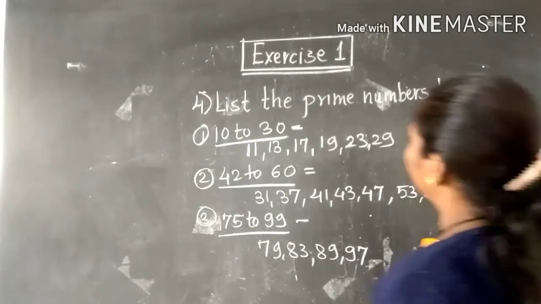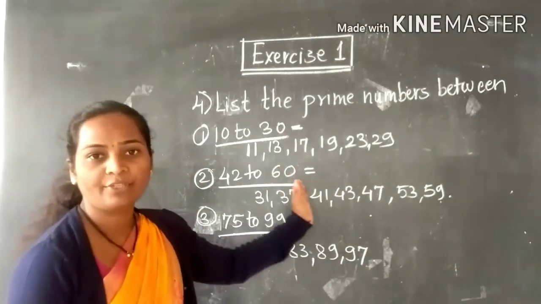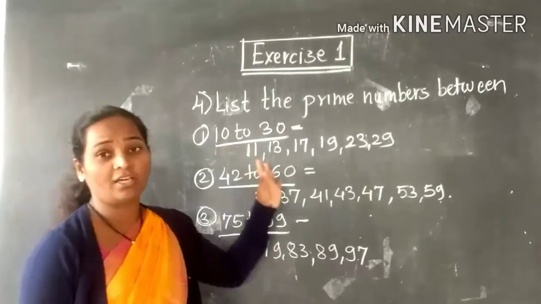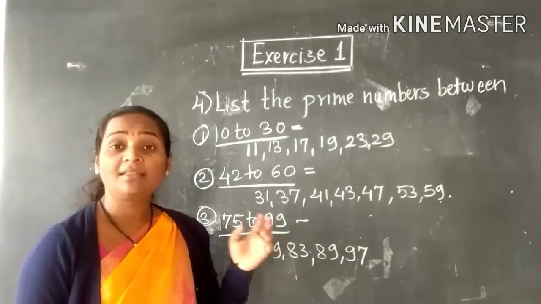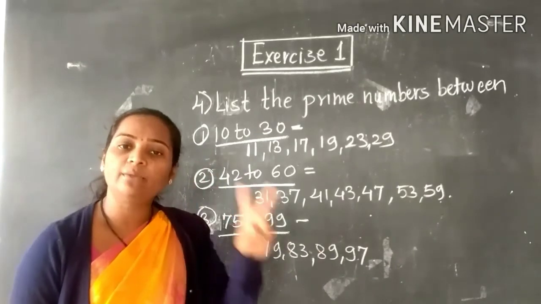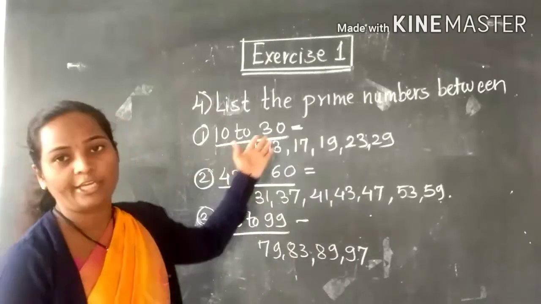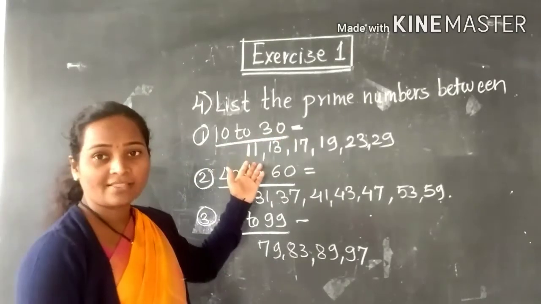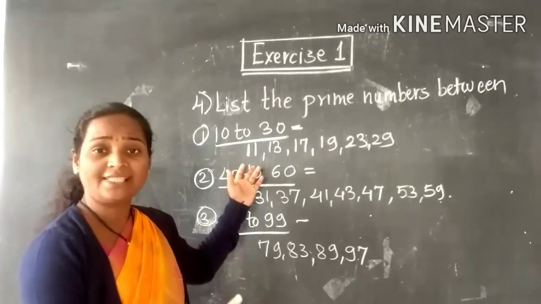Here is your question 4: list the prime numbers between 10 and 30. You have to identify the prime numbers. Prime numbers means what? Numbers having only 2 factors, 1 and that number itself, are called prime numbers. Let's find out 10 to 30. Here is the 11. 11 has only 1 and 11 itself.